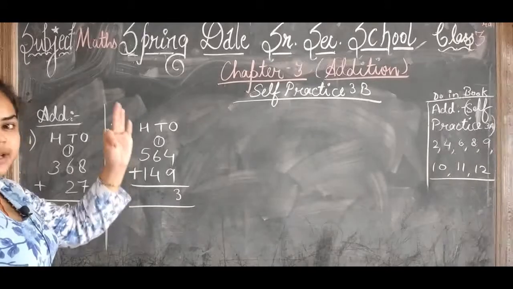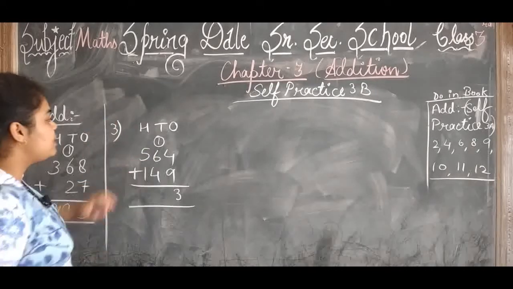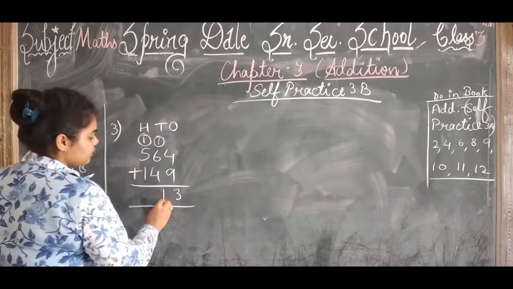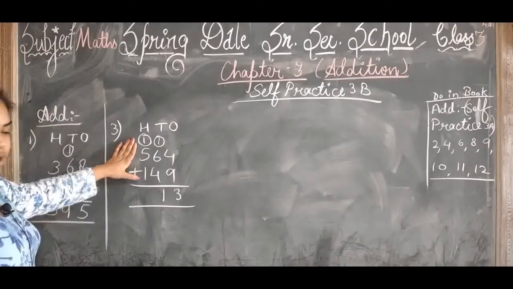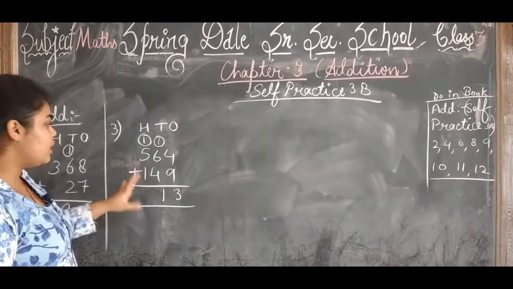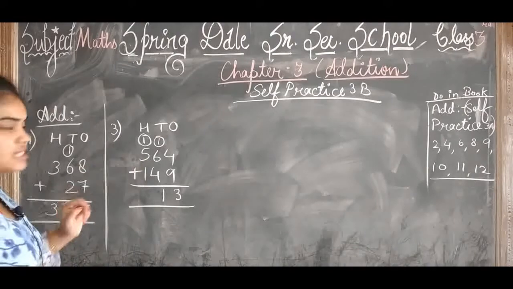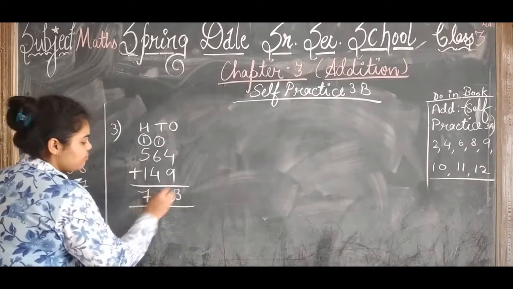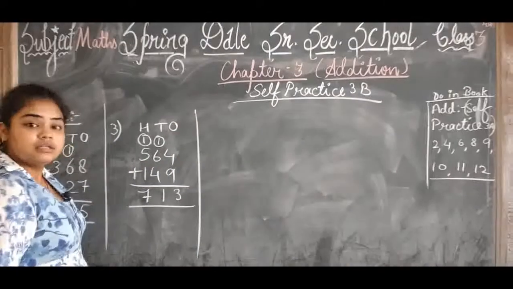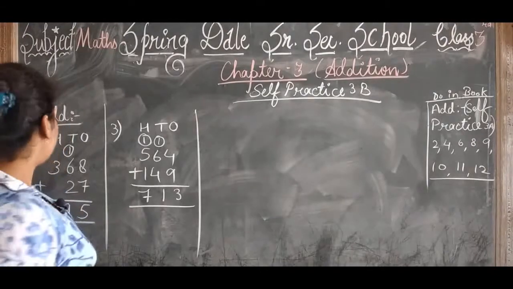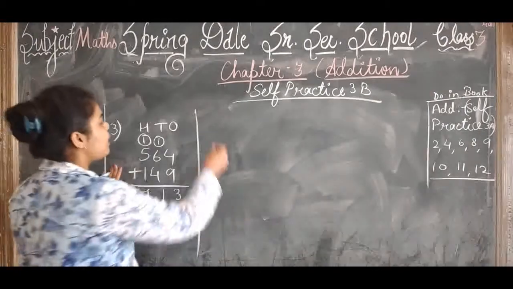After 6, 7, 8, 9, 10. 10 plus 1, 11. Here comes 1 and here is the other one. Then 5 in your mind, 1 in your finger. After 5, 6 plus 1, 7. The number we have is 713.